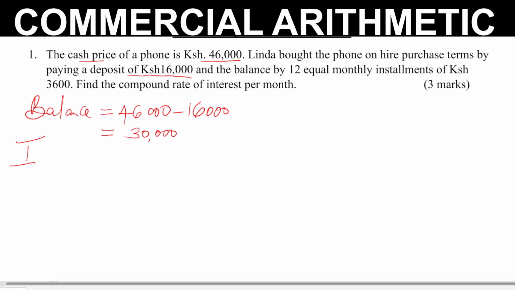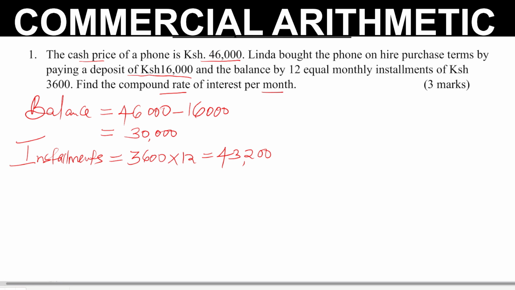So for all the installments each month, 3,600, these 12 months, so multiply that, 3,600 multiply by 12, 43,200. 43,200. Now the question is, find the compound rate of interest per month.